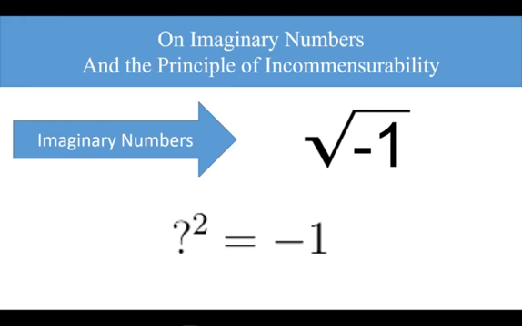Of course, it is well known that there is no real number that, when multiplied by itself, can produce a negative number. Positive numbers times positive numbers give positive numbers. Negative numbers times negative numbers also give positive numbers. Technically, there is no real solution to this problem.